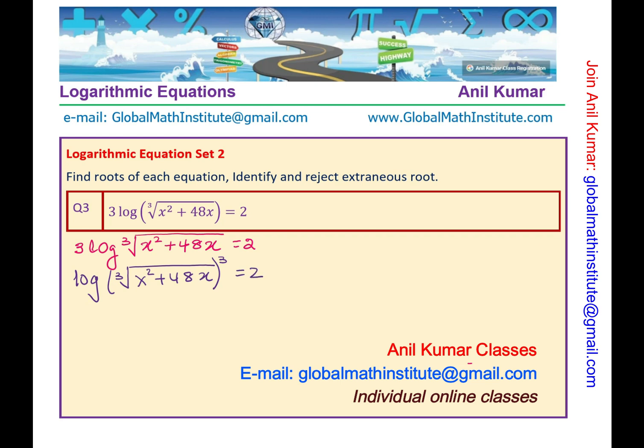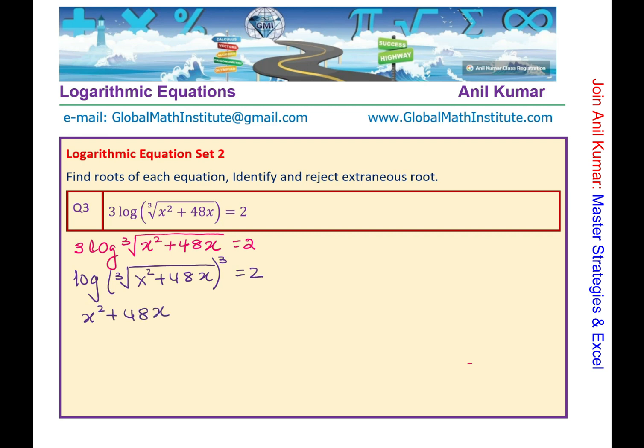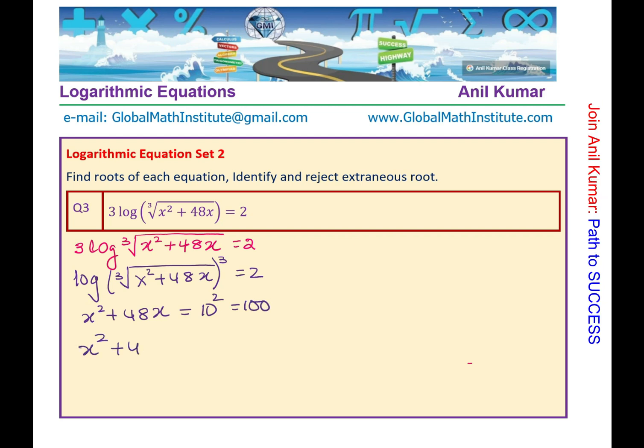Now we can write this in exponential form, and the cube root will give you just x squared plus 48x, right? So we get x squared plus 48x equals 10 to the power of 2, which is 100. So that gives you x squared plus 48x minus 100 equals 0.